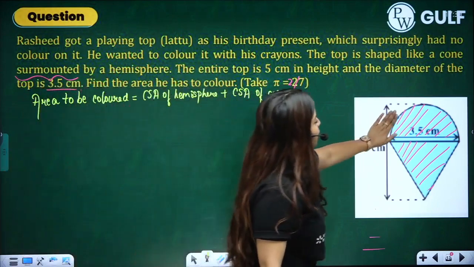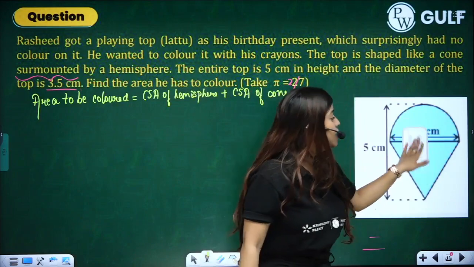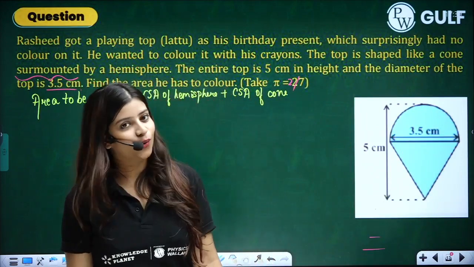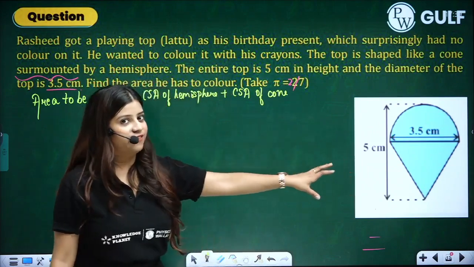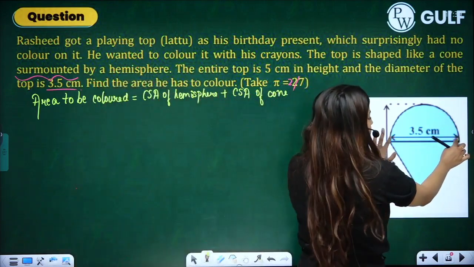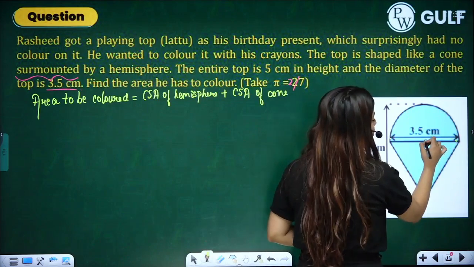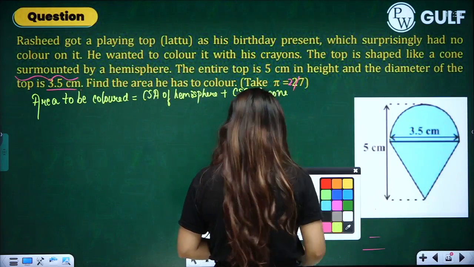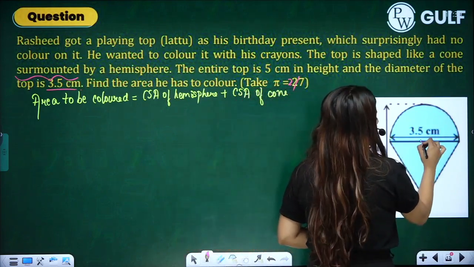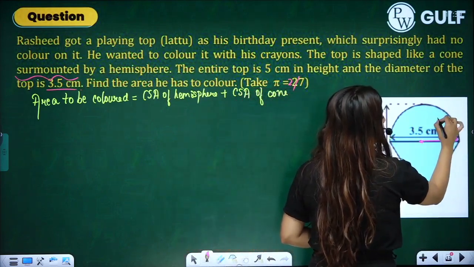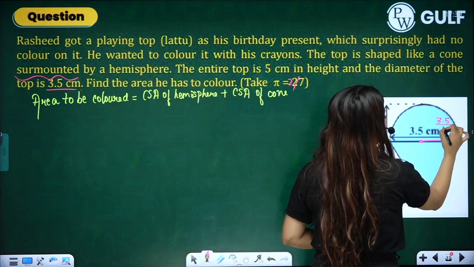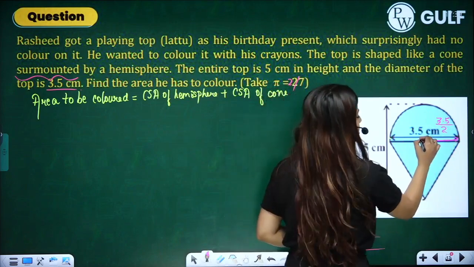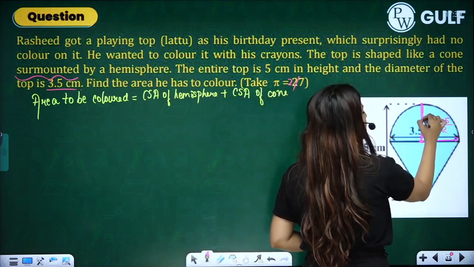These are the two things that we have to calculate. The other thing that we have to find out first is that we do not know the height of the cone. Just see this diagram very carefully. If this diameter is 3.5, so the radius will be 3.5 by 2, yes or no? Not only this radius, students, this will also be the radius of the hemisphere.